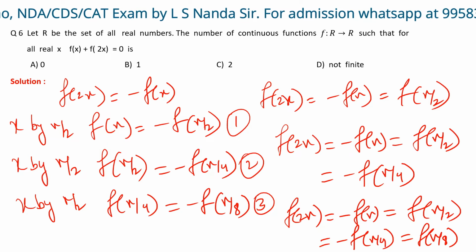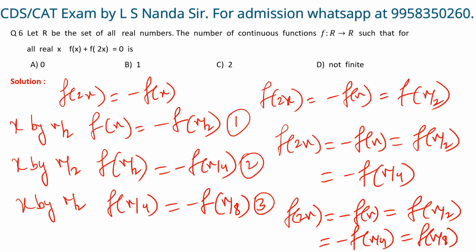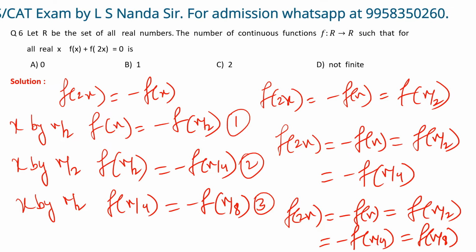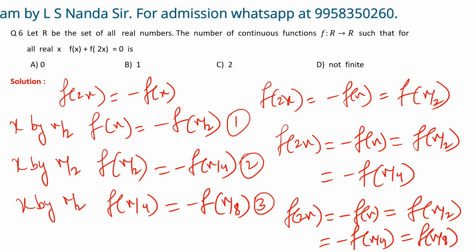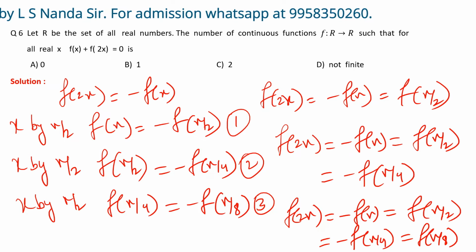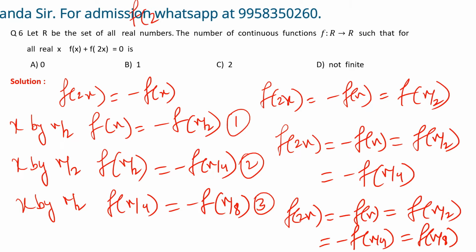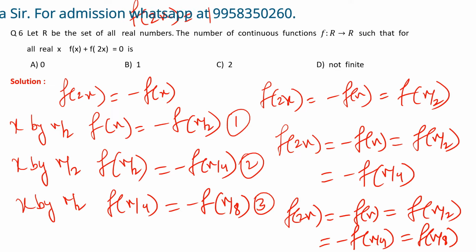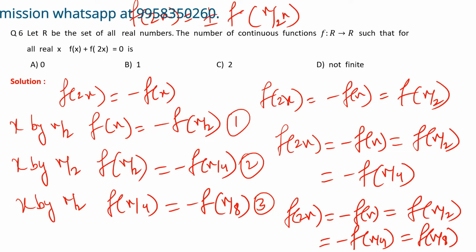Now this will continue in same way, and the next term will be minus f of x by 16, then equal to f of x by 32 equal to minus f of x by 64 and so on. So that means I can write f of 2x is equal to plus or minus f of x upon 2 to the power n, because it has formed a chain of recursion.